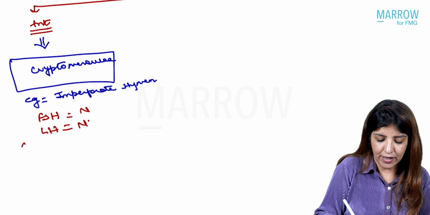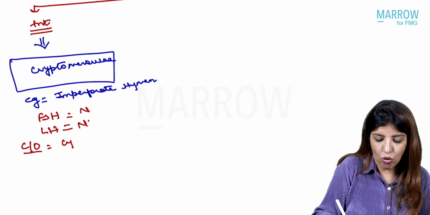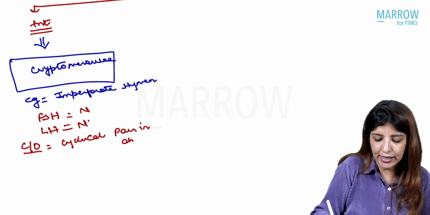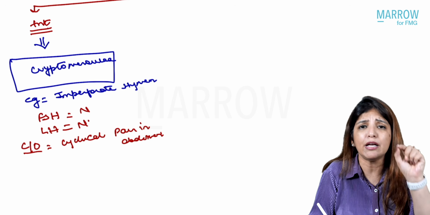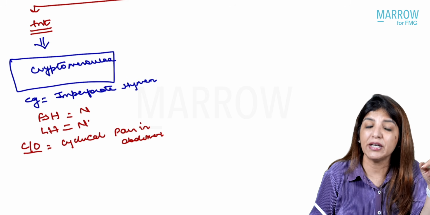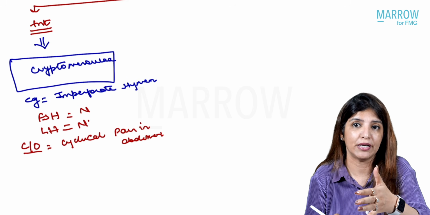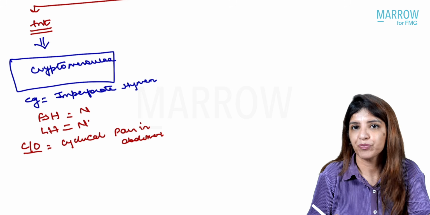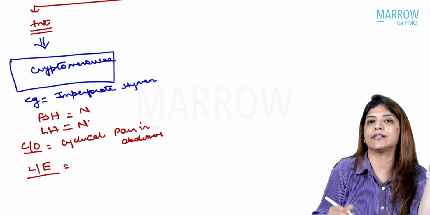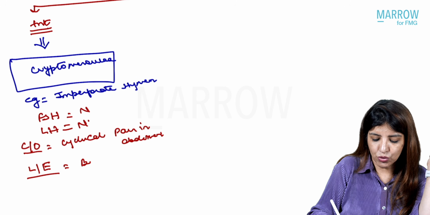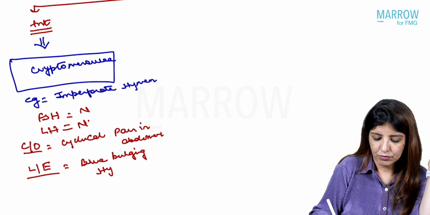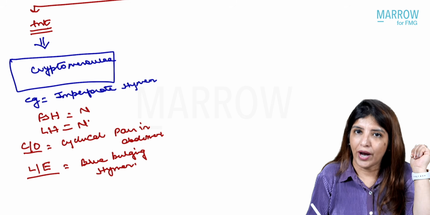Such a female comes to you with complaint of cyclical pain in abdomen. So in history, typically the patient is going to say that every month she has pain in abdomen as if she is about to menstruate. But then there is no menstruation, right? So in this case, when you do a local examination, you are going to see a blue bulging hymen, right?